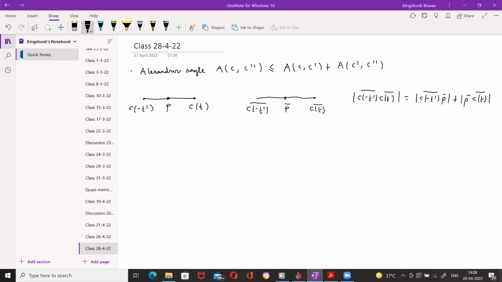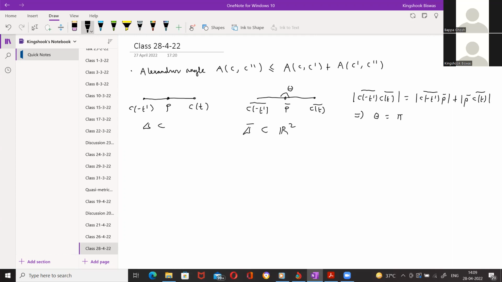But that implies that this angle theta is pi, right? So this is my triangle delta bar in R2, and this is my triangle delta in X. Is this clear? Yes? Okay.